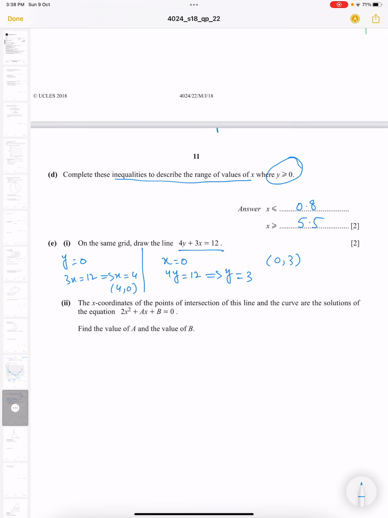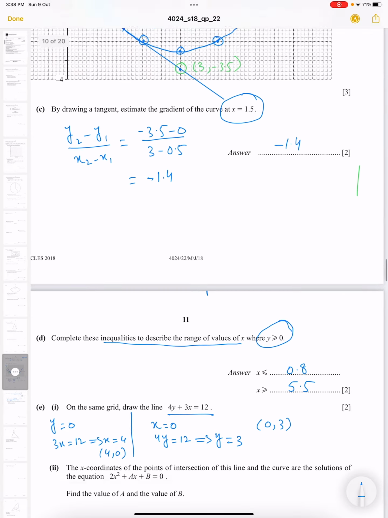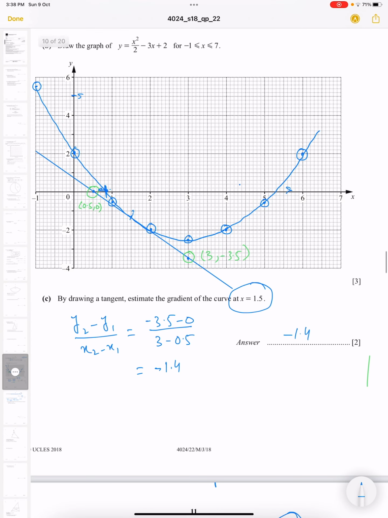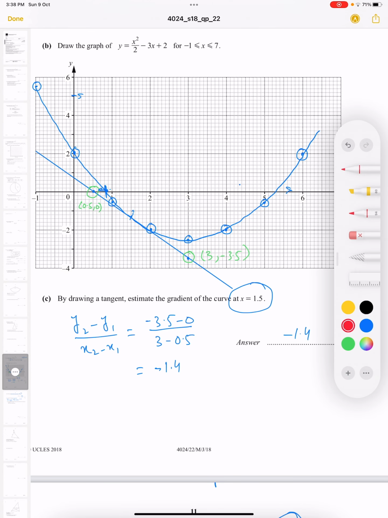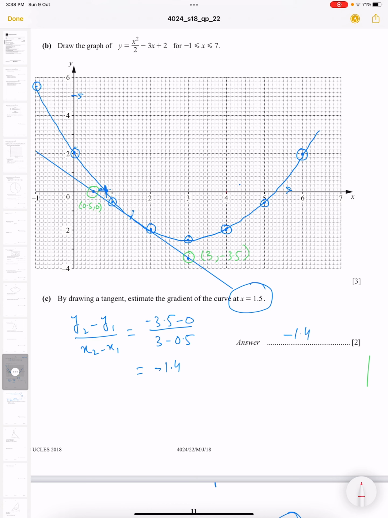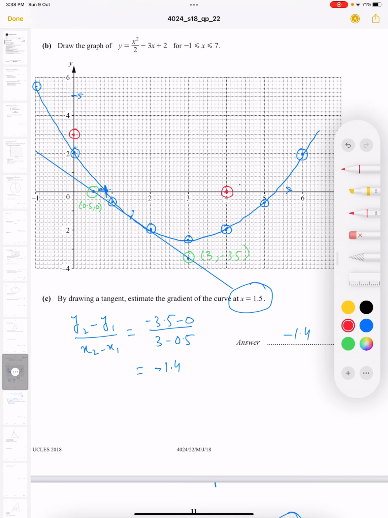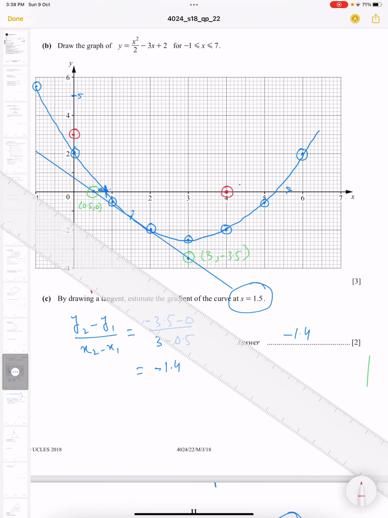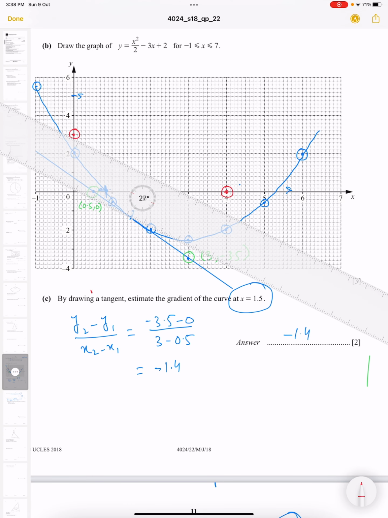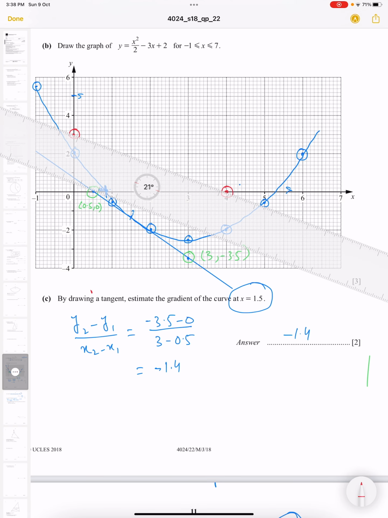So its intercepts are, x-intercept is 4, y-intercept is 3. So if I change the color of this line, this is 4, here we have 3. So if we join these points by using a scale, this line will be formed, right?